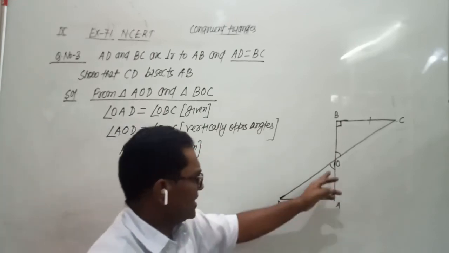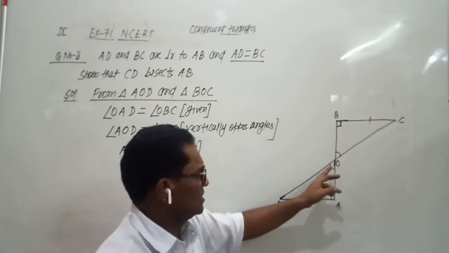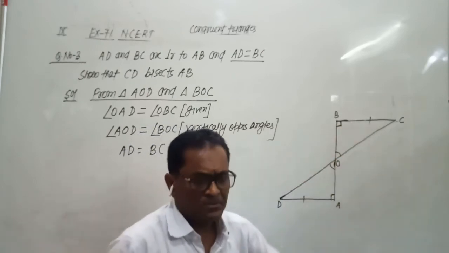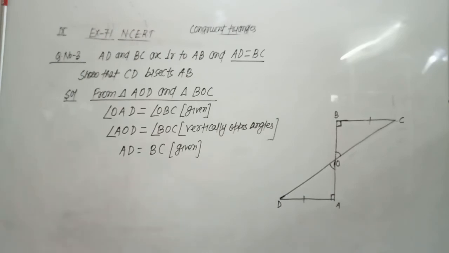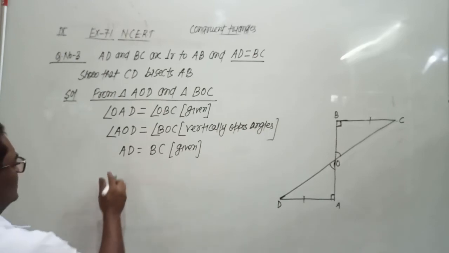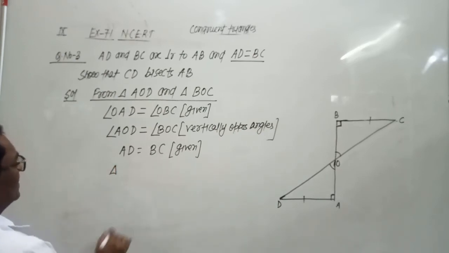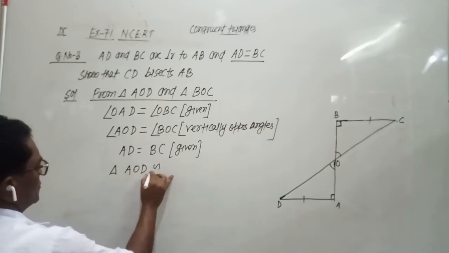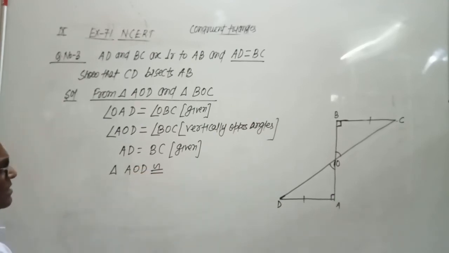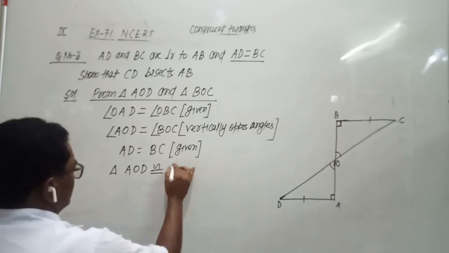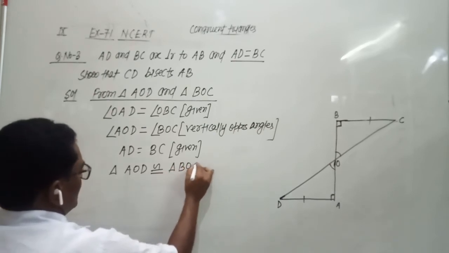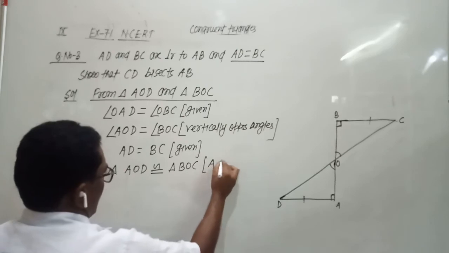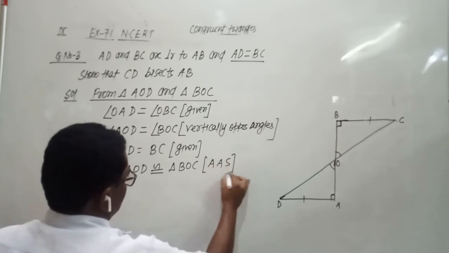Therefore, by AAS, angle angle side, these two triangles become congruent. So triangle AOD is congruent to triangle BOC by AAS.